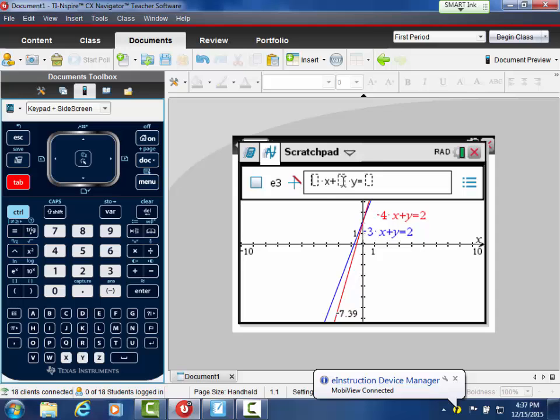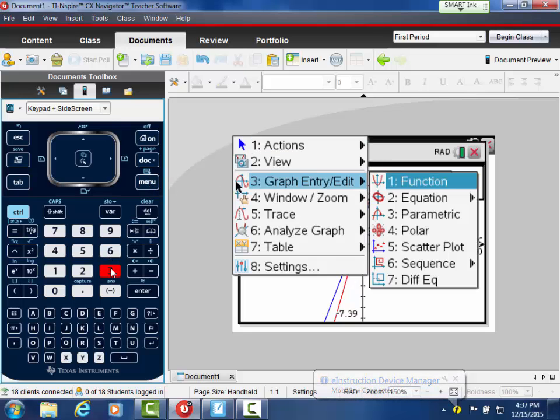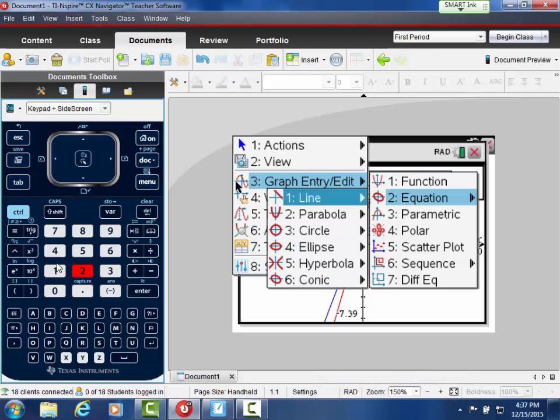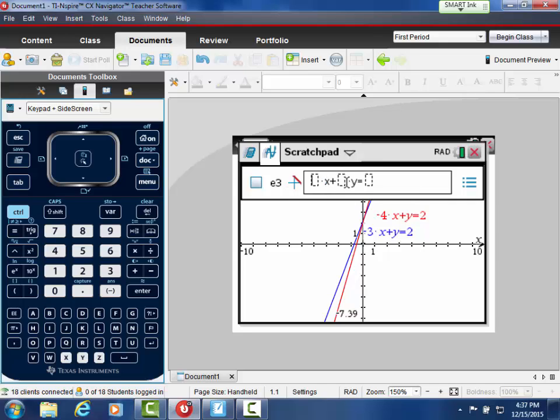If it's not in this format for you, remember you can do menu, 3, 2, 1, and then 3, and that puts it in that format, and then you simply type in the numbers in front of the x and the y. Since there were no numbers in front of y each time, we put in a 1, okay, and I'll show you how the equations look. So -4x plus 1y equals 2, and the other equation was -3x plus y equals 2.